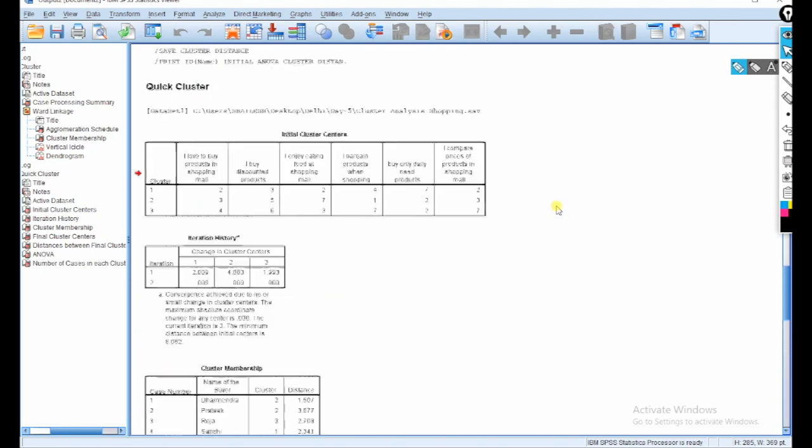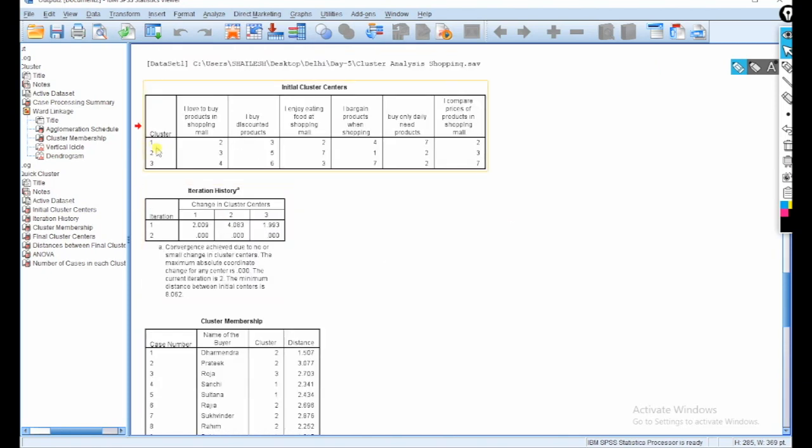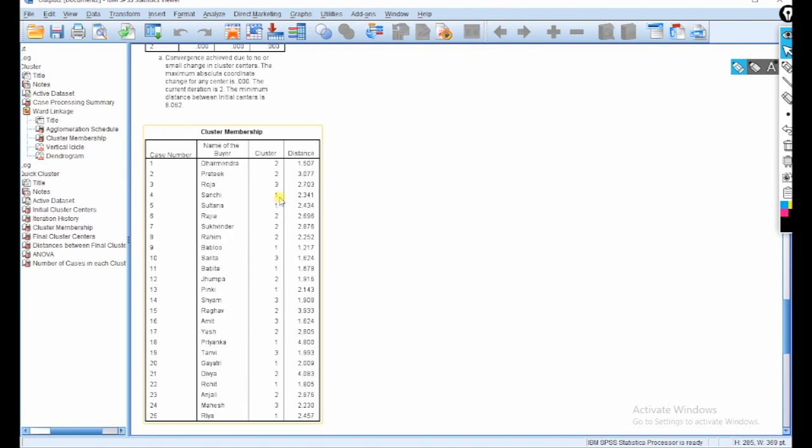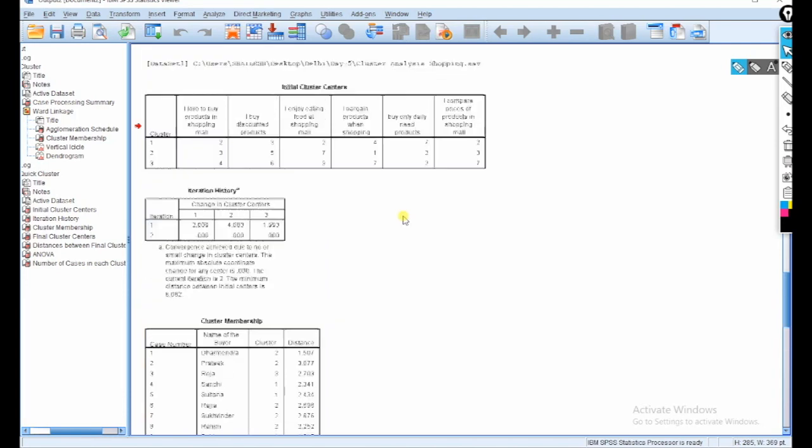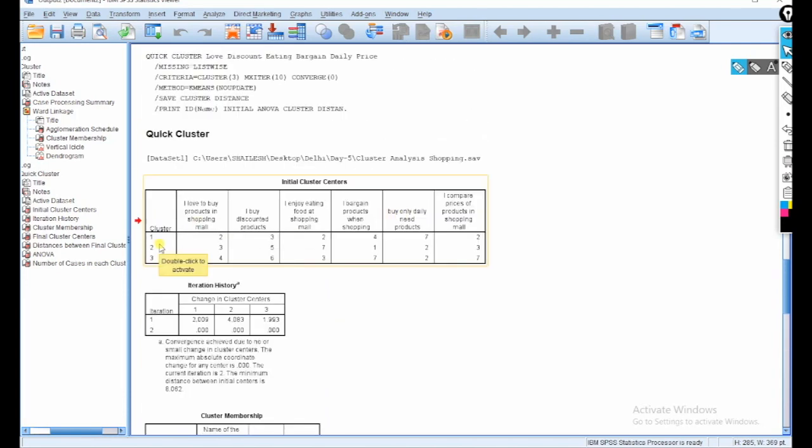In cluster 1 there are 9 people, and who are these 9 people? You can identify Sachi in cluster 1, Sultana in cluster 1, Bablu in cluster 1. So we can name all the people in each cluster. All 6 attitudinal questions were on a 1 to 7 Likert scale.